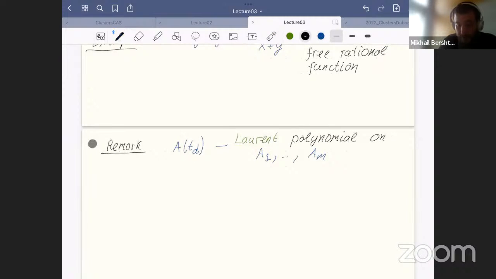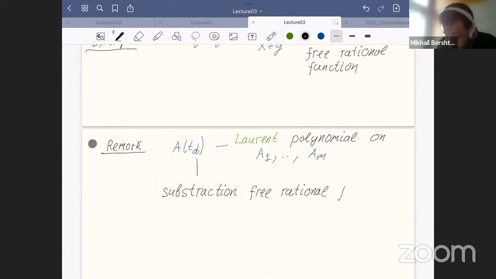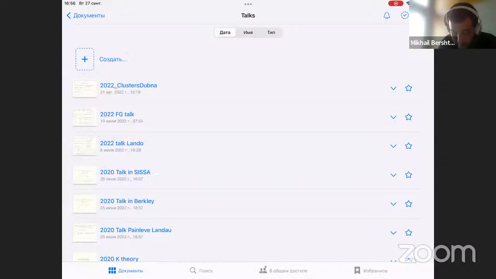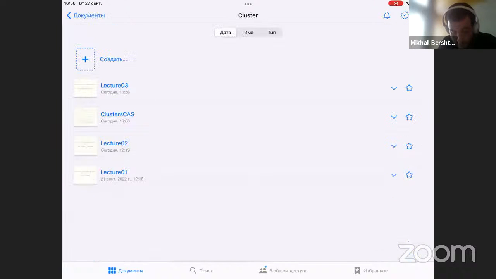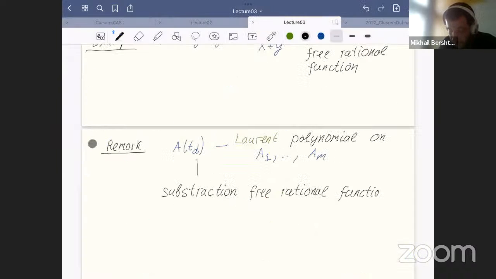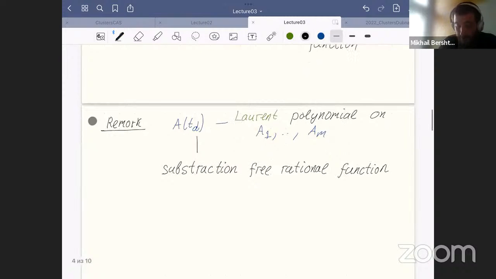On the other hand, it is quite obvious that this is a subtraction-free rational function on the original cluster variables.